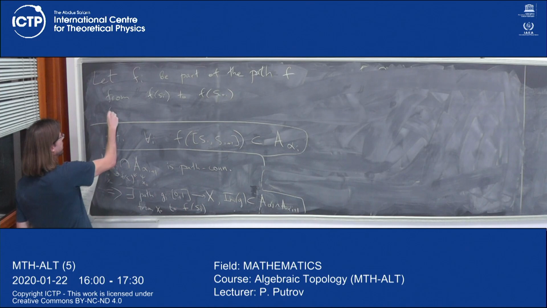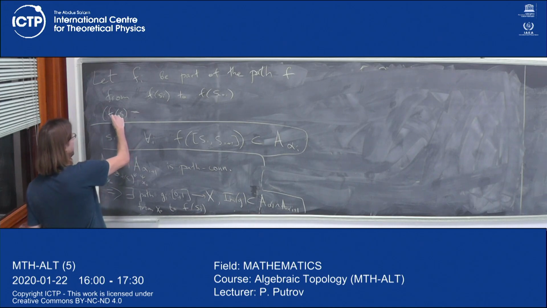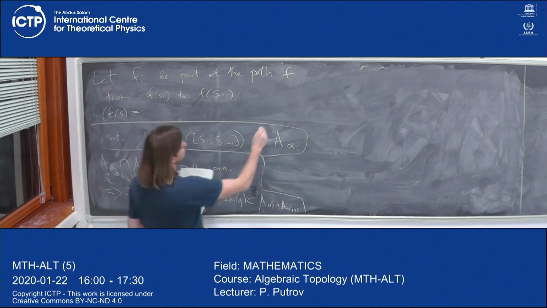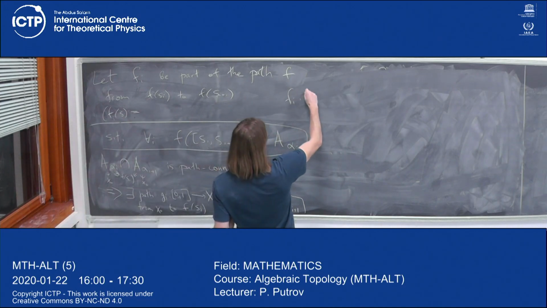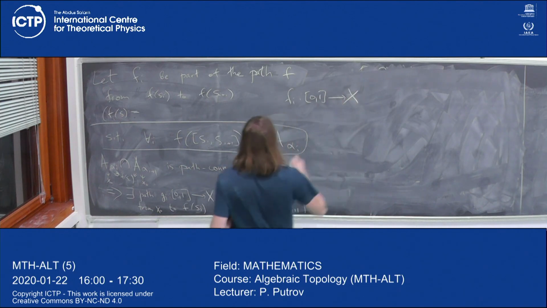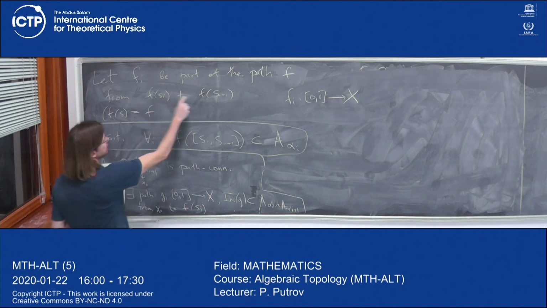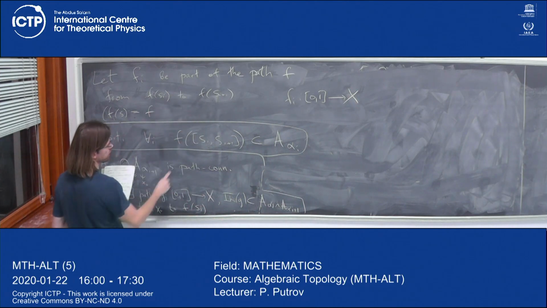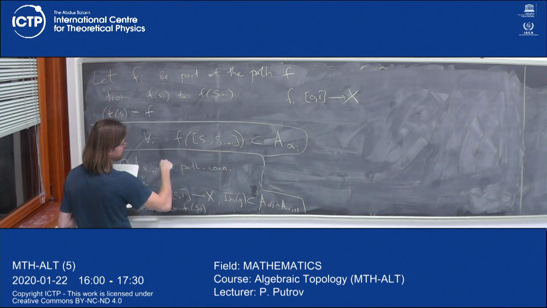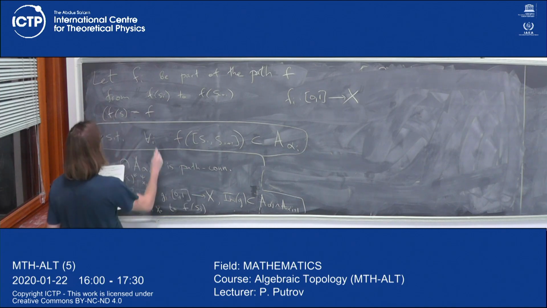So in particular, I can use the following explicit parameterization: Fi of S. So Fi is a new path in X. So it's a path connecting these 2 points, which are images of the endpoints of this interval here.